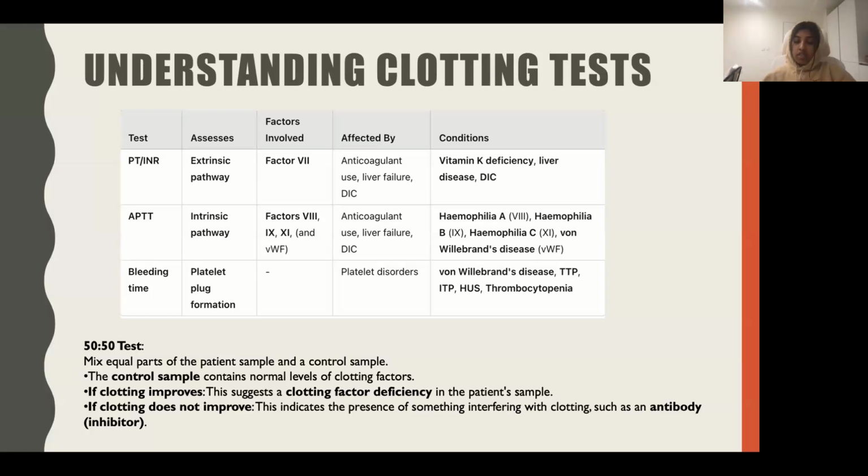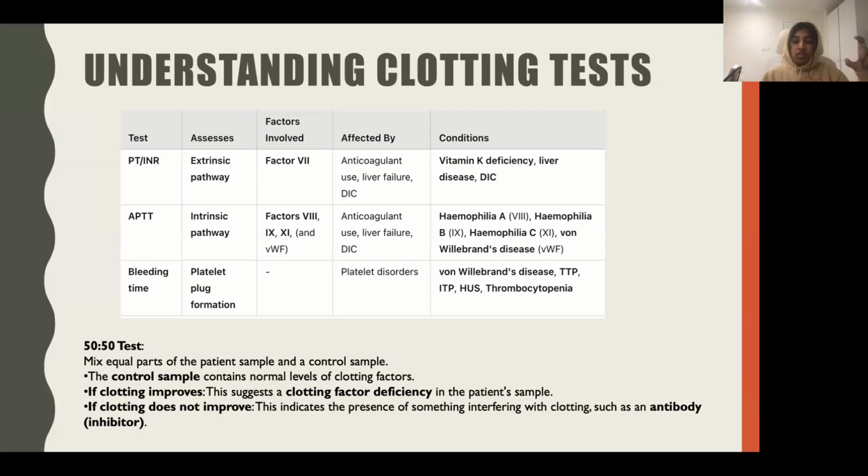The 50-50 test is when they take a patient's blood sample and they take a control sample. So you have your patient sample and then you have another sample which has the normal level of clotting factors.